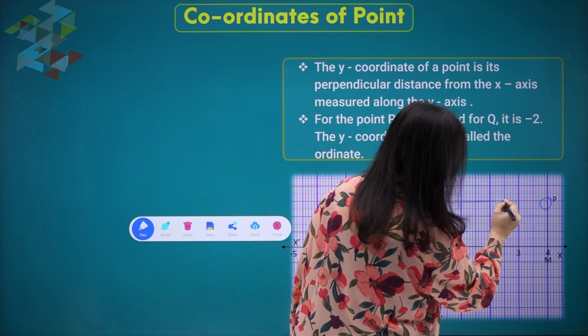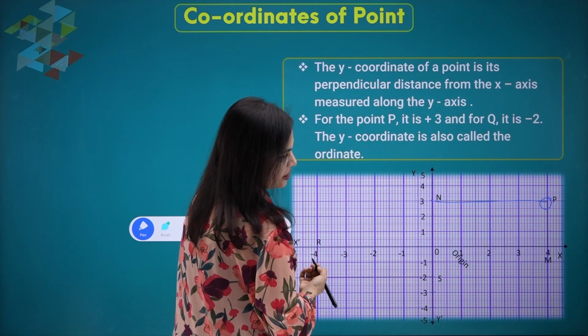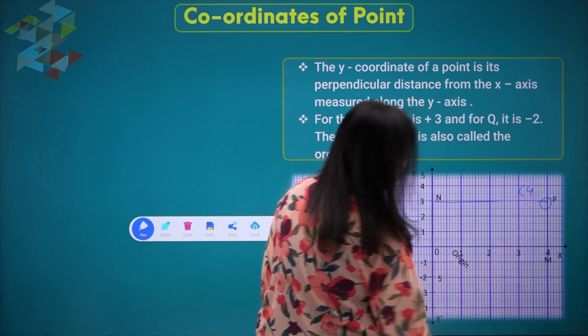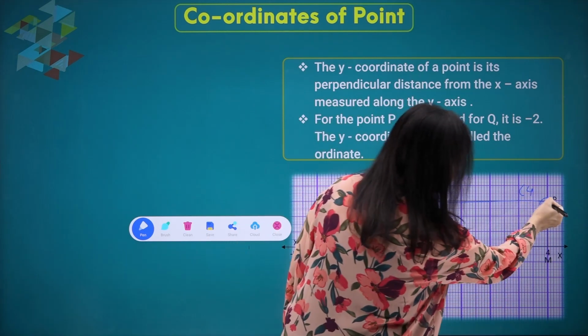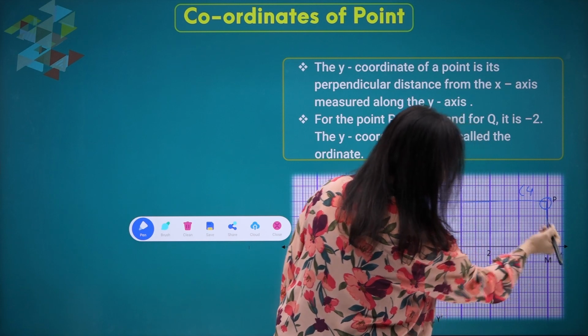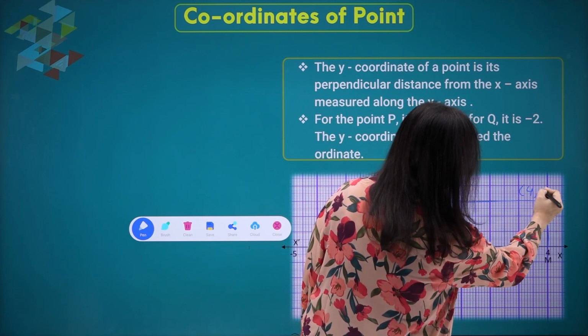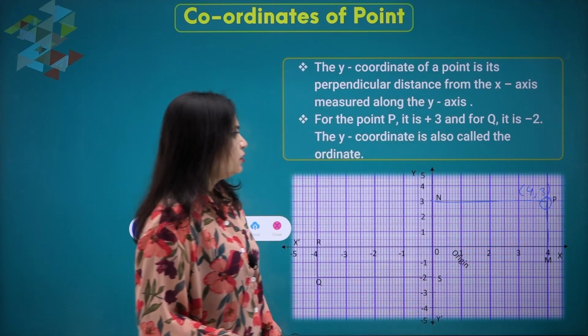By taking the horizontal distance from the y-axis, which gives me 4. And how do I get the y value? By taking the vertical distance from the x-axis, and that gives me the value 3.